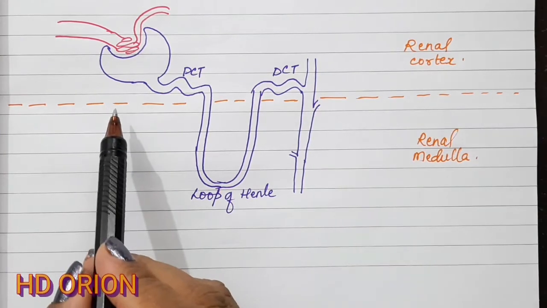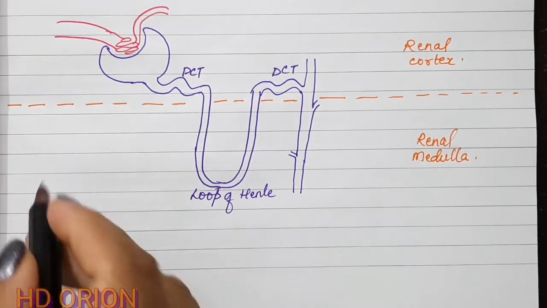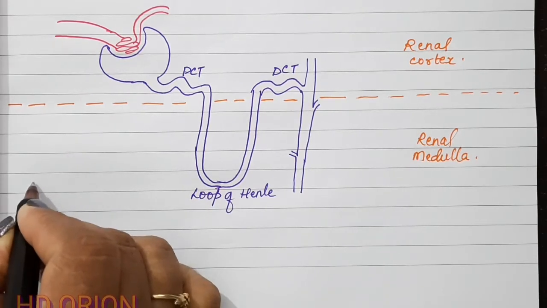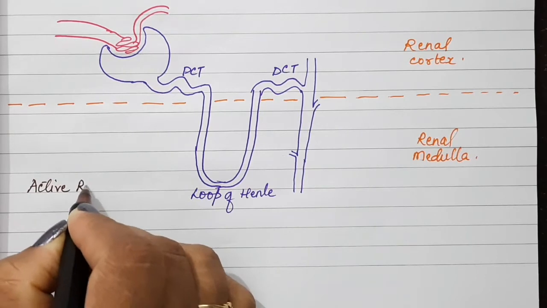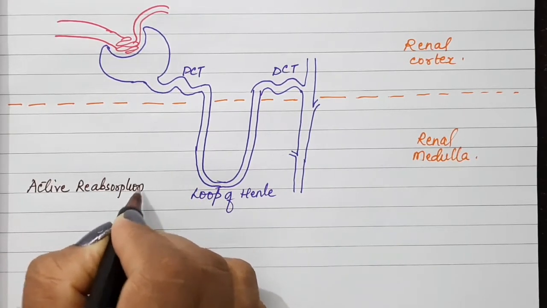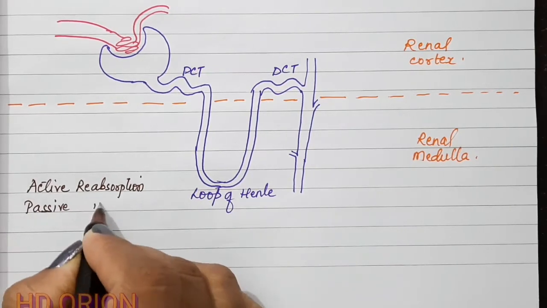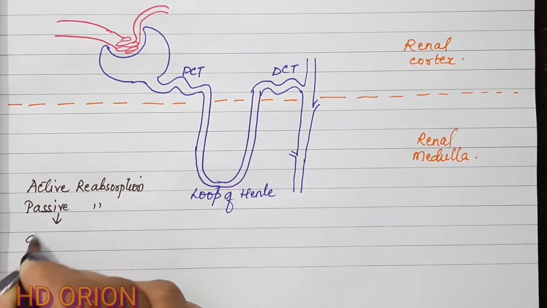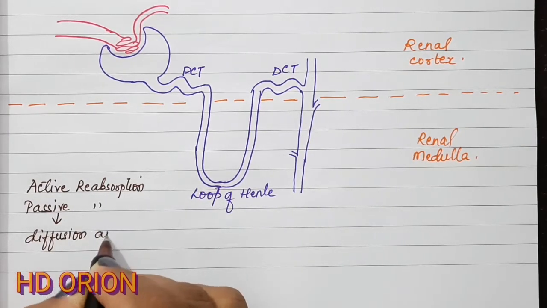So let us see the process of selective reabsorption. Now we know that reabsorption can be of two types. It can be actively done at the expense of ATP, active reabsorption, and passive reabsorption. The passive reabsorption is by diffusion and osmosis.